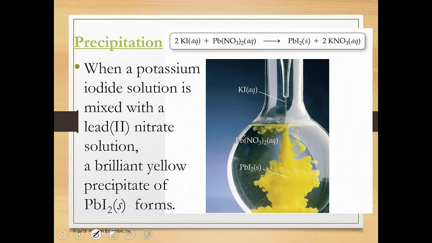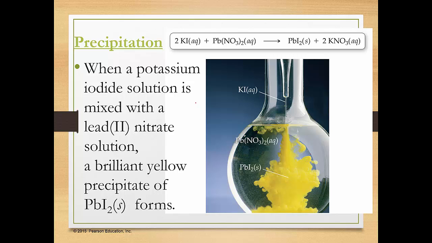So here's a visual of a precipitation reaction. If I take potassium iodide, which is a clear solution, a little bit hard to tell, but here's a pipette tip they've got in here. The solution is perfectly clear, just like water. And here was some lead nitrate solution, which you see on either side of this yellow. It is also clear like water.